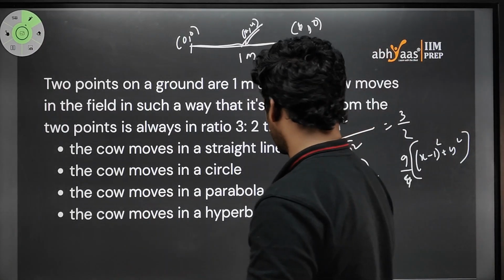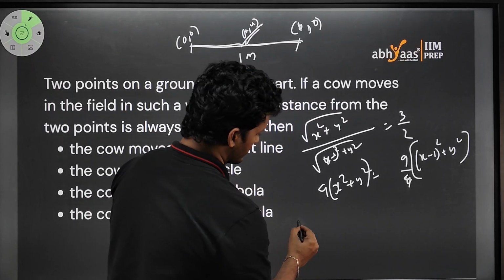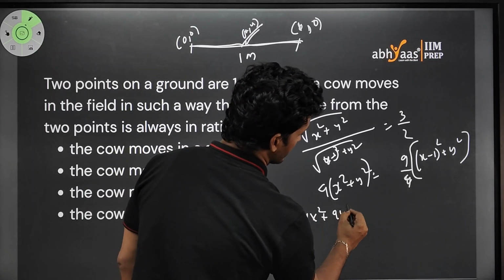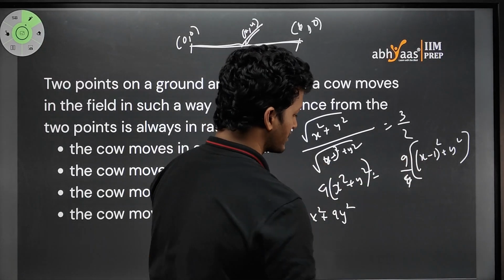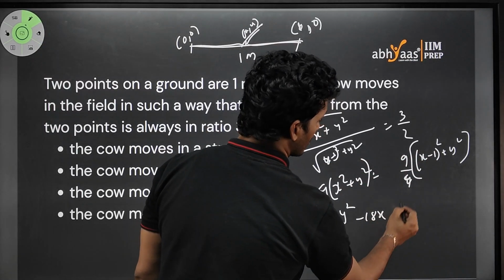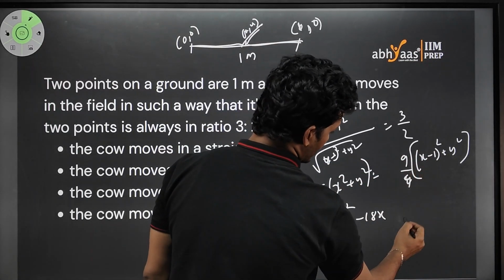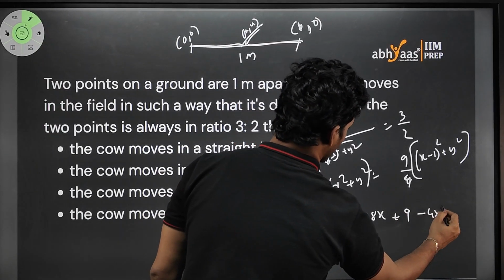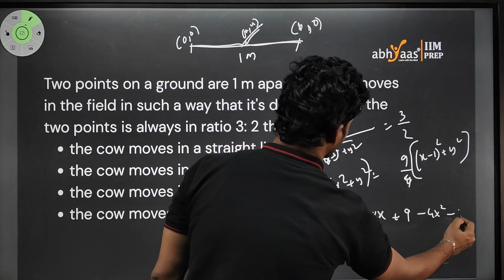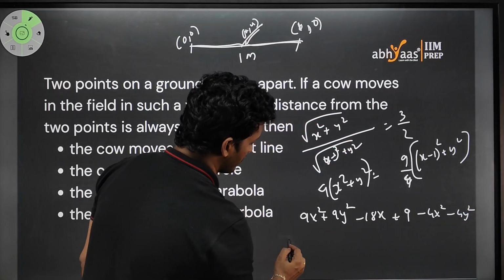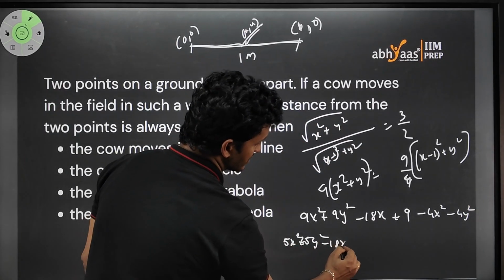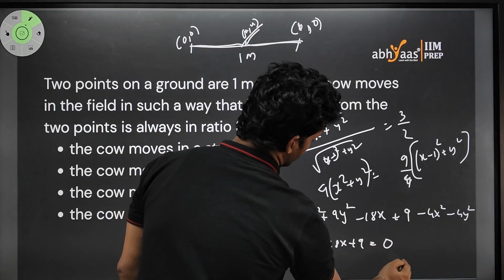Simplifying, that's 9x square plus 9y square minus 18x plus 9, and here it will be minus 4x square minus 4y square, so it would be 5x square plus 5y square minus 18x plus 9 equal to 0.